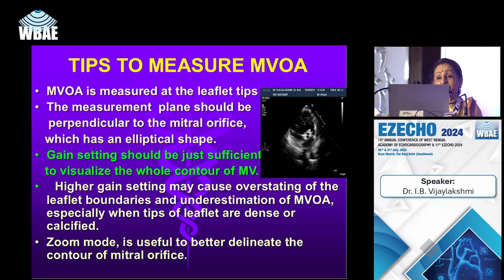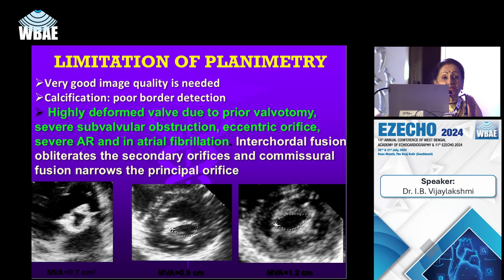Now, what are the tips for measurement of the mitral valve orifice area? Gain setting should be just sufficient to visualize the whole contour of the mitral valve, and that is very important. Unless you adjust the gain, you will not be assessing properly. Very good image quality is needed; with any poor image quality, you will be underestimating or overestimating.